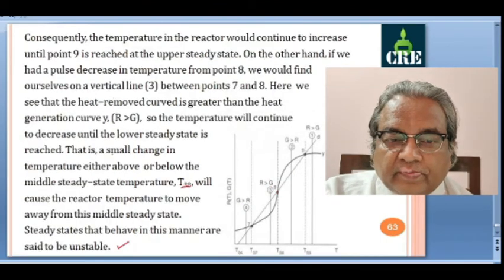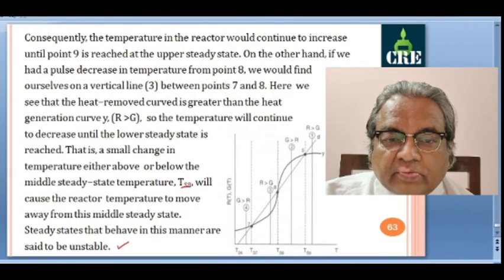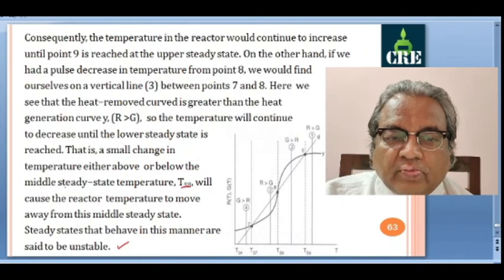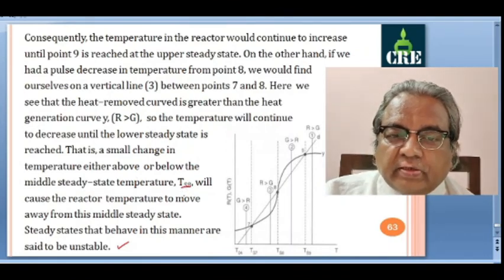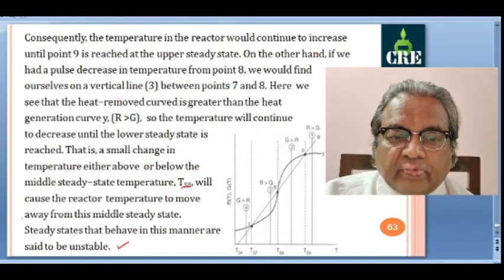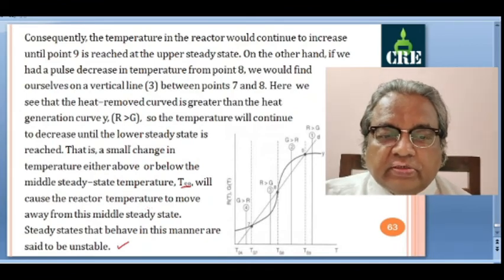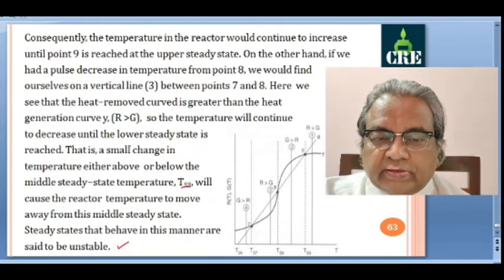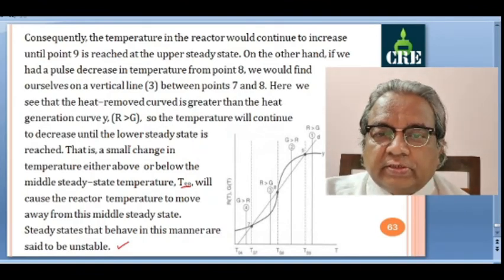So finally we have seen that a small change in temperature either above or below the middle steady state temperature TS8, there is another example you can take of TS5 also, will cause the reactor temperature to move away from the middle steady state. Steady states that behave in this manner are called unstable steady states.